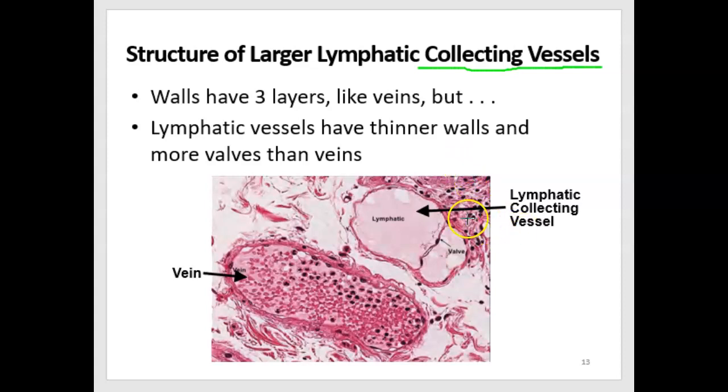The difference is that the lymphatic vessels have walls that are much thinner, shown in this picture, than the walls of veins. Even though 3 layers are present in both, all the layers are thinner in a lymphatic vessel. And there's a lot more valves, and this shows you a valve right here. Veins have valves that prevent backflow, but so do lymphatic collecting vessels.